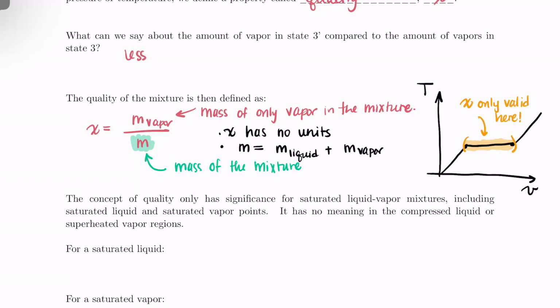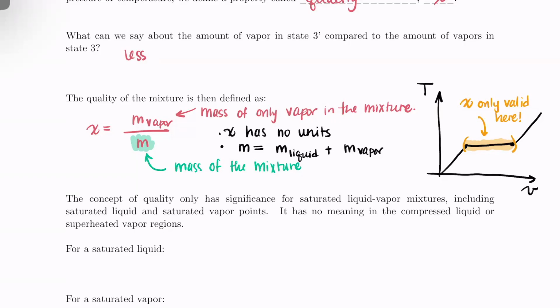It has no meaning in a compressed liquid or a superheated vapor region because it's not a mixture of things. Both of those states are all vapor or all liquid, so the idea of quality doesn't make any sense. But let's talk about the bookend values for quality.